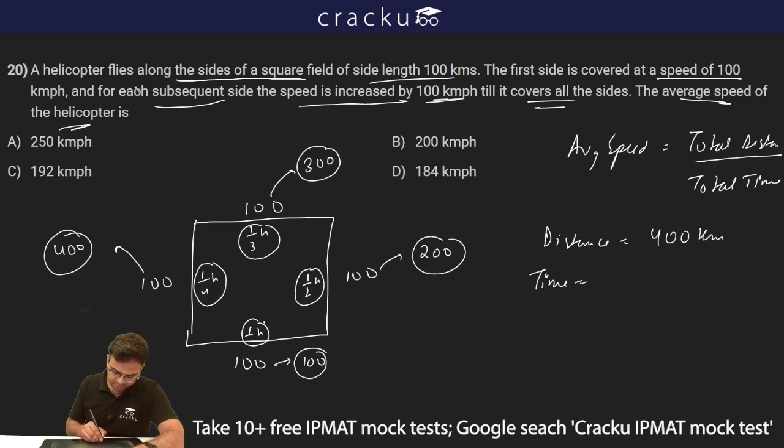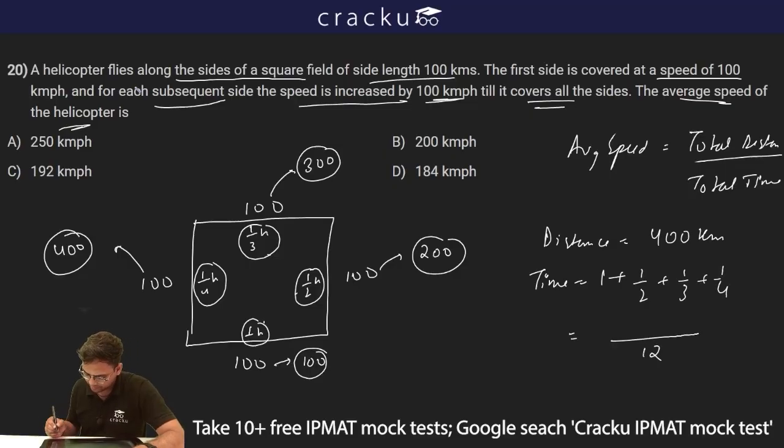Total time is 1 plus 1 by 2 plus 1 by 3 plus 1 by 4. If I take the LCM, the LCM will be 12. So 12 plus 6 plus 4 plus 3. So 12 plus 6 is 18. 18 plus 4, 22. 22 plus 3 is 25. So this will be 25 by 12 hours.